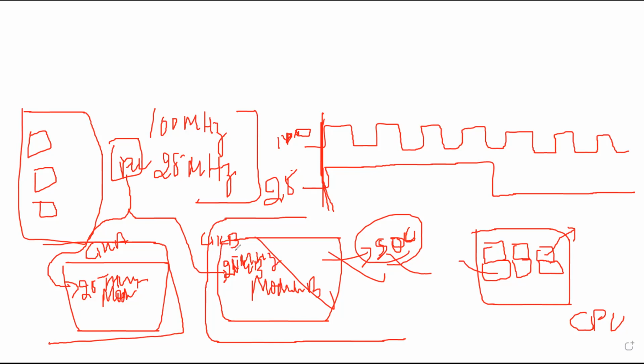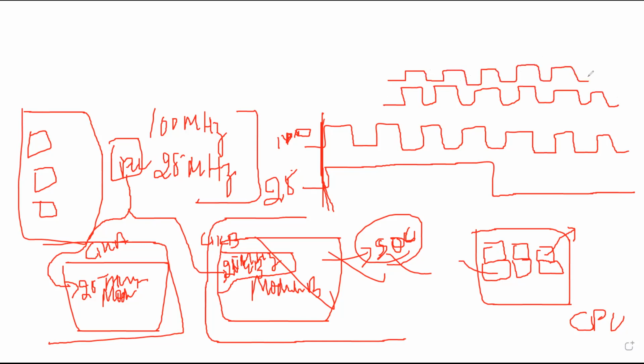But did you see its phase? Let's suppose I have one clock at 25 megahertz and another clock is 25 megahertz only. If they are from the same source, they should start at the same point, unless they have any delay. Yeah, you are correct, but that definition holds when we don't have any jitter values.